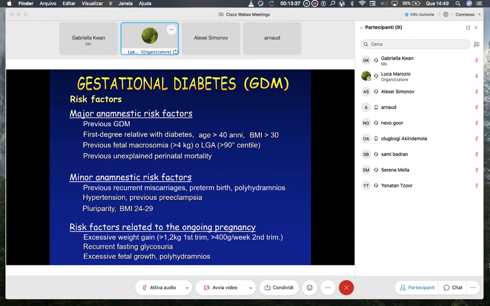So the fetus becomes macrosomic because of gestational diabetes if the metabolic control is not correct. Okay? This is one of the most important complications.